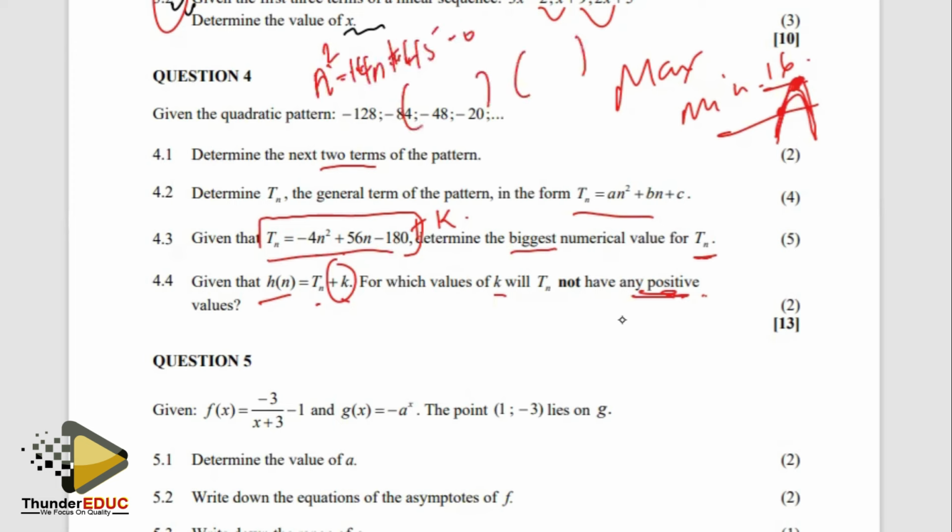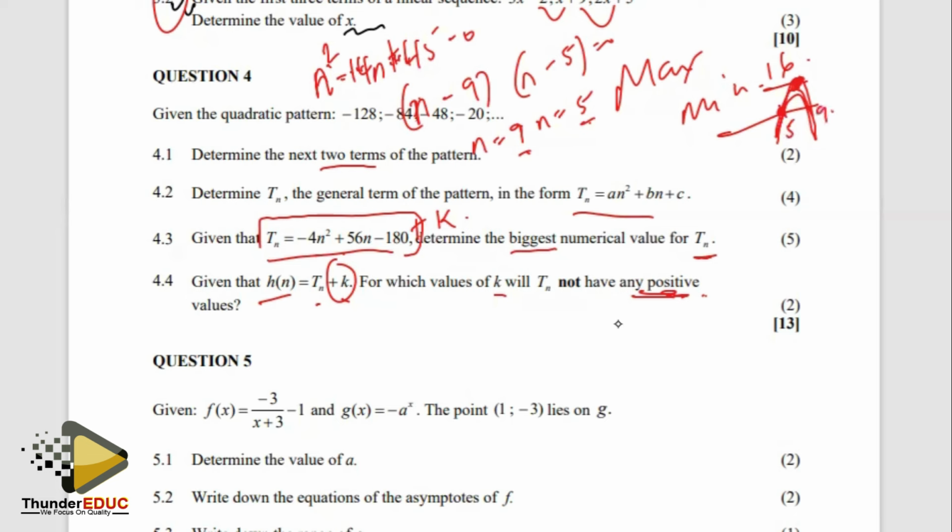It's going to be n minus 9, n minus 5, which means that both values are positive. When n is 9 and when n is 5, that's where the graph is cutting.